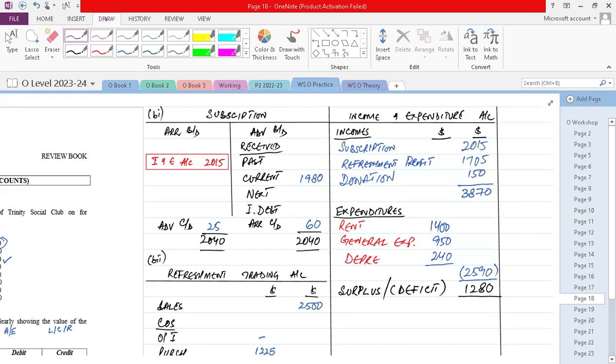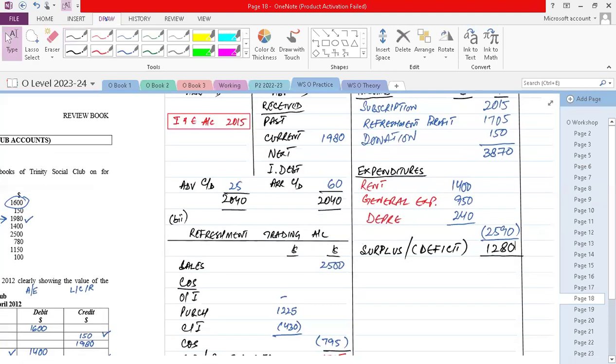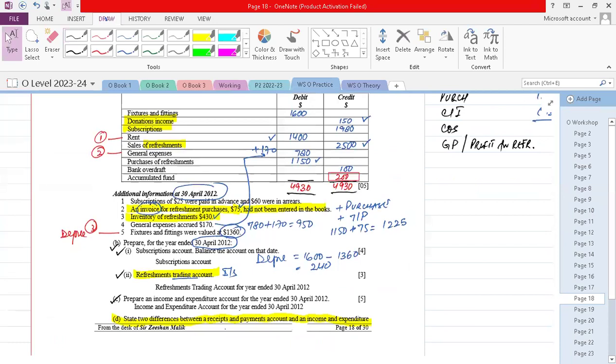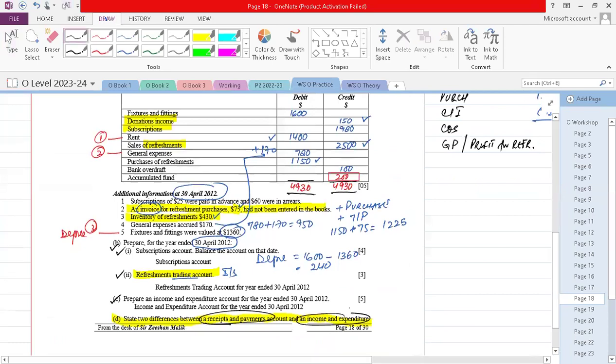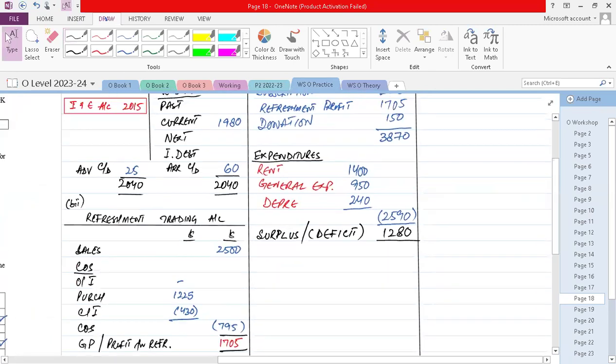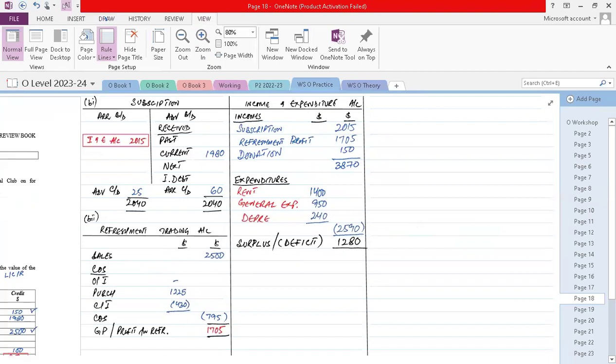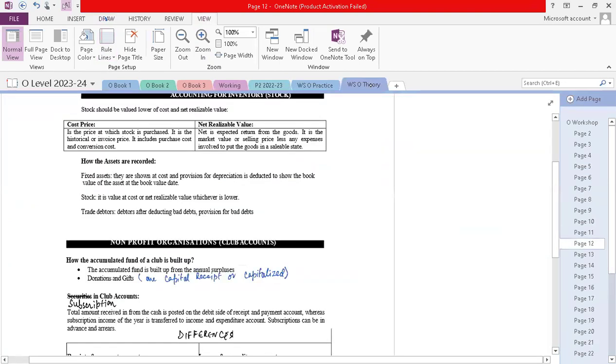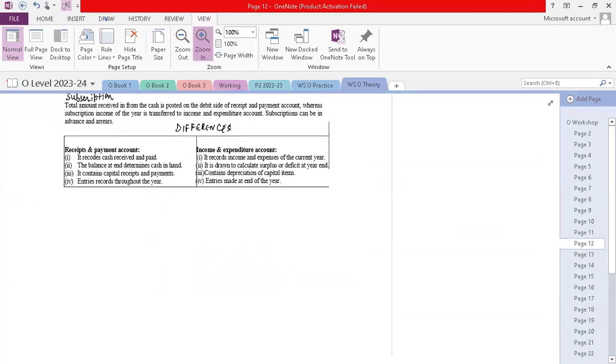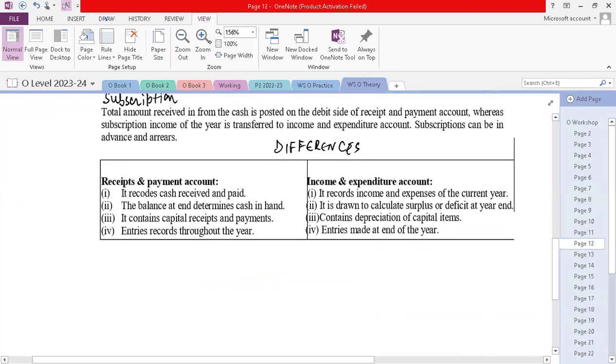Theory is also shown to you. The last part is the theory part, which is the difference between receipt and payment account and income and expenditure account. Receipt and payment account includes only cash receipts and payments, whereas income and expenditure account includes all income and expenses.